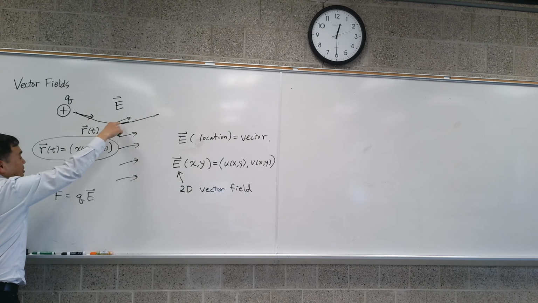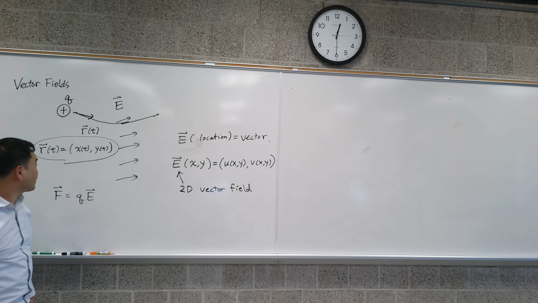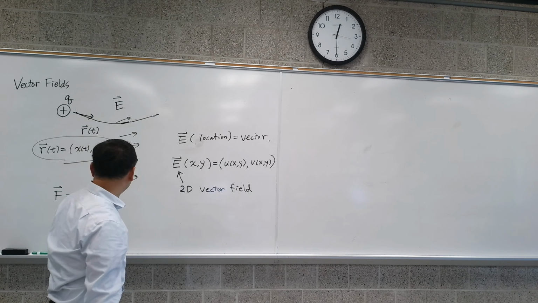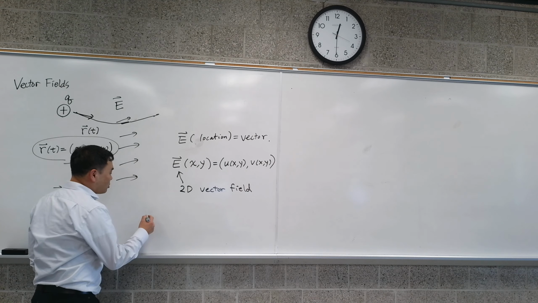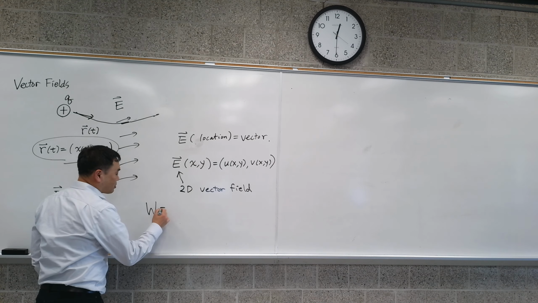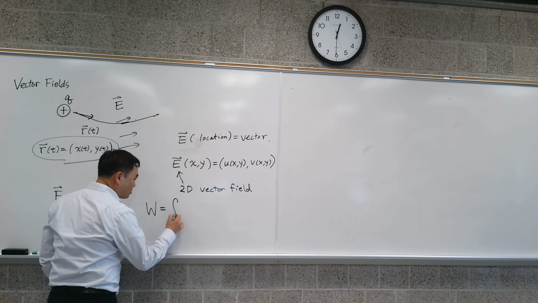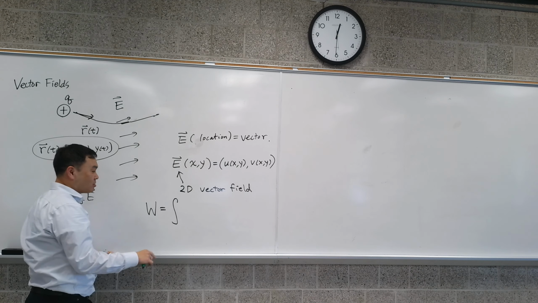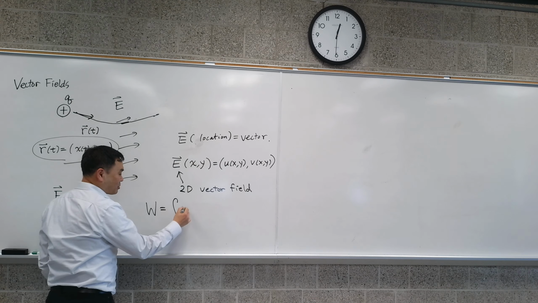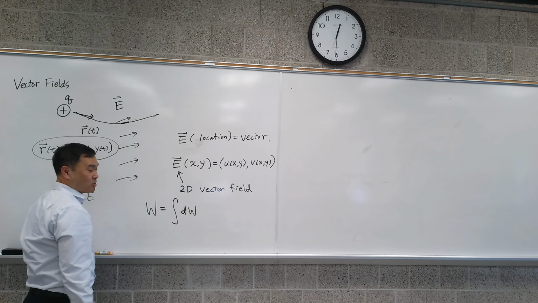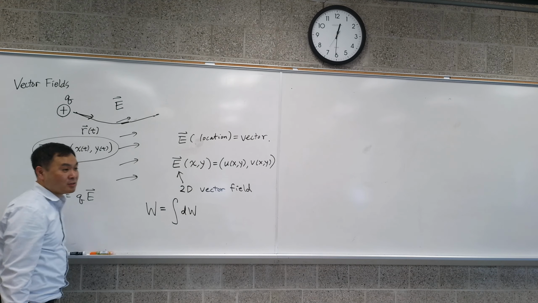So at every moment you know where the particle is, and then you have to compute the total work done to the particle, and we always use the same principle in calculus: the whole is the sum of its parts.